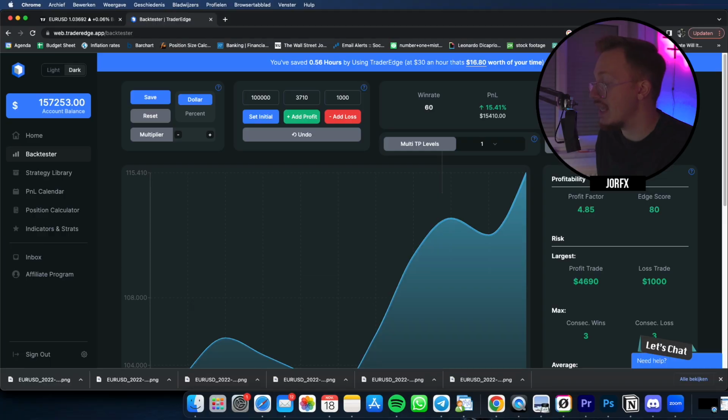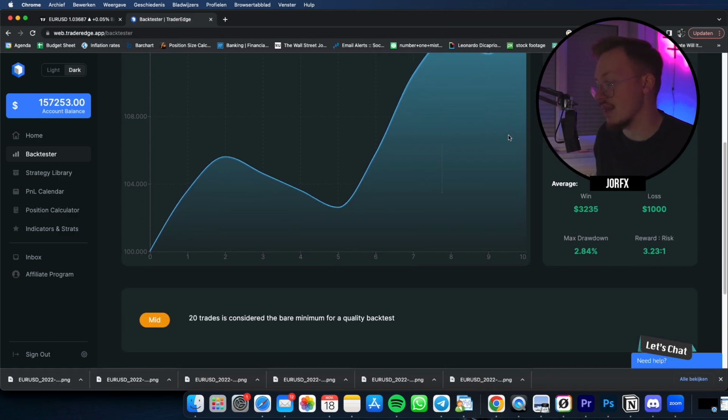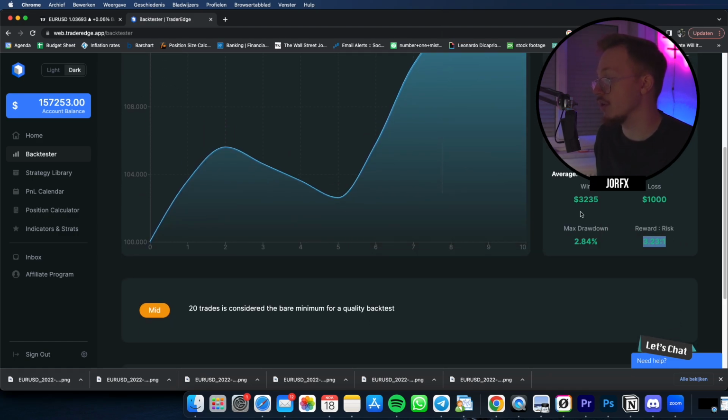We had 3 consecutive wins and 3 consecutive losses. So as you can see, everything can happen. And even with 3 consecutive losses, we still made $15,000 in this example. Our average win to loss is 1/3. And our max drawdown was 2.8%. Guys, I hope you get a bit of the hang of it.